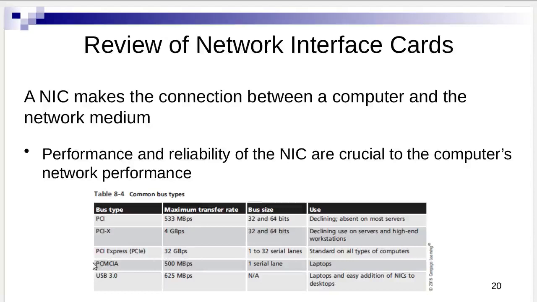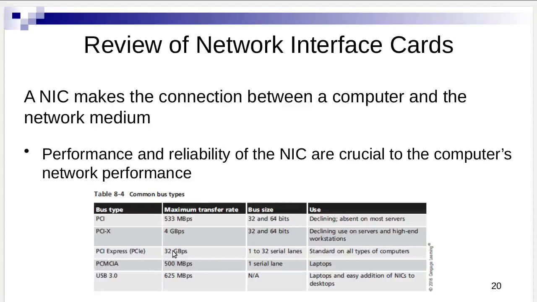There are older things like PCMCIA, there's USB 3, there's Thunderbolt, and Thunderbolt is much better than this. Thunderbolt is probably getting close to, but not quite, PCIe rates. So PCIe, at least in this table, looks like the best, but Thunderbolt, I believe, is getting pretty close.